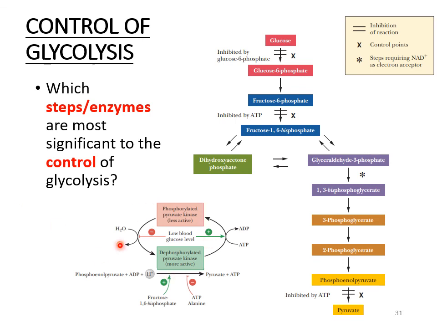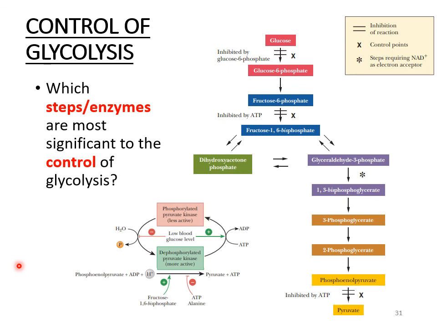the glucose. And that's what this little figure here is basically showing, how glucose levels can affect whether or not the pyruvate kinase is activated or deactivated based on what you need at that moment. If your blood glucose is low, or if it's high and you want to break some of it down.